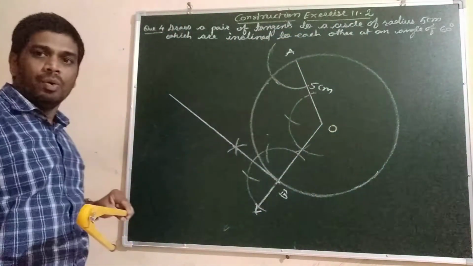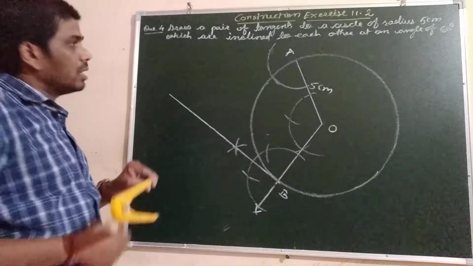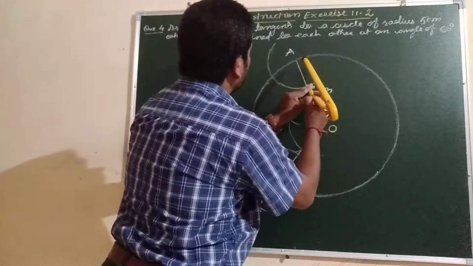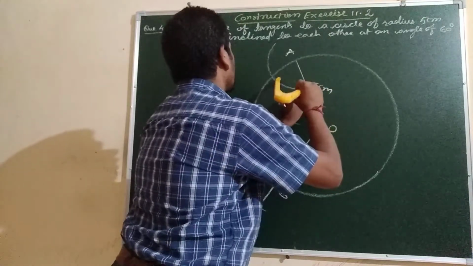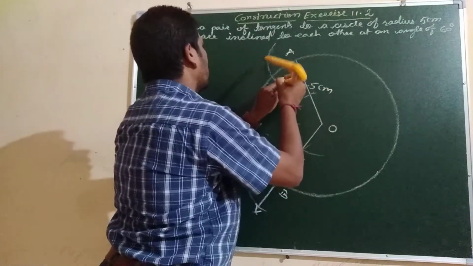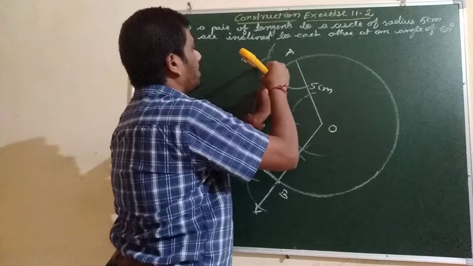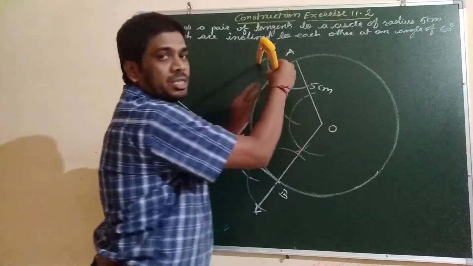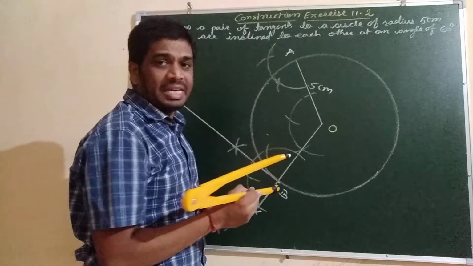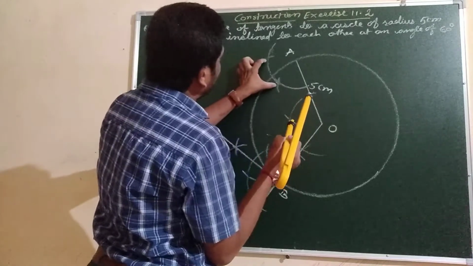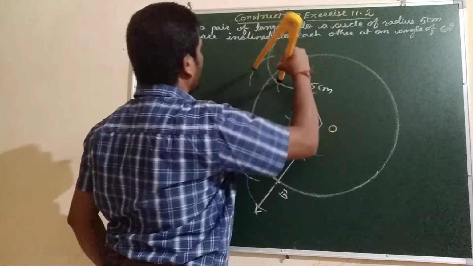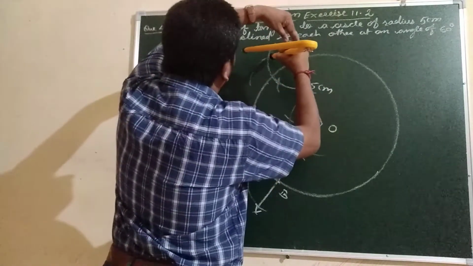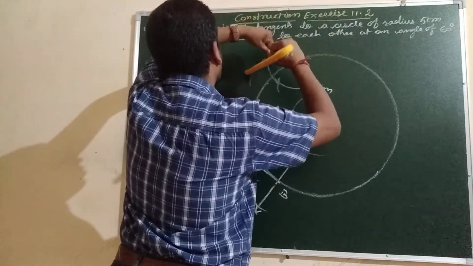Now from this point of contact, we will make an arc. So it will be 60 degree. Then from this point, again we will make an arc. It will be 60 degree. So 60 plus 60 is 120. But we want 90. So what will we do? We will bisect this angle. So from this point we will mark the arc, and from this also.